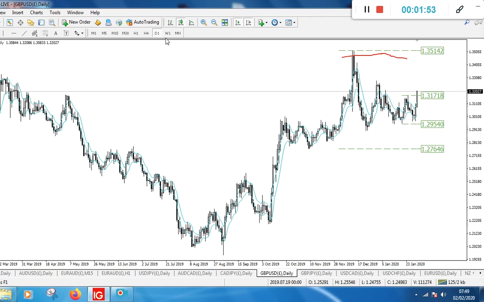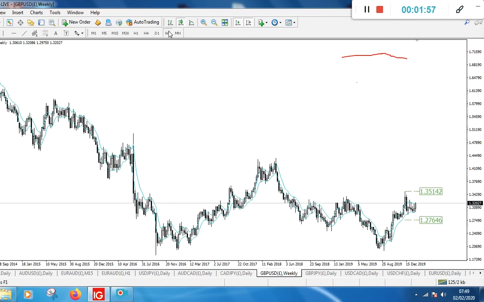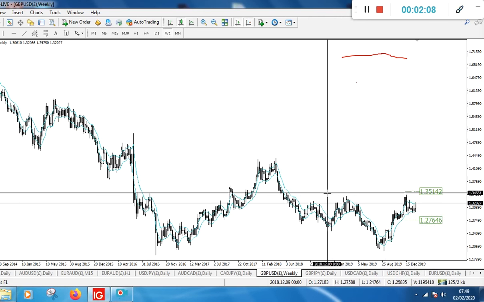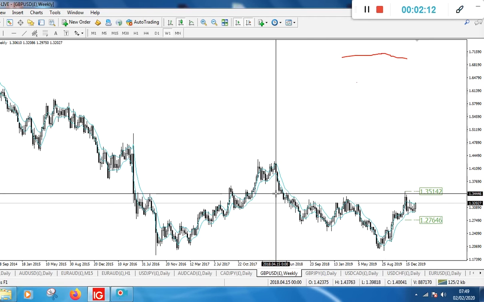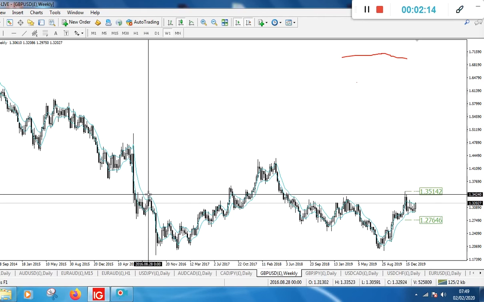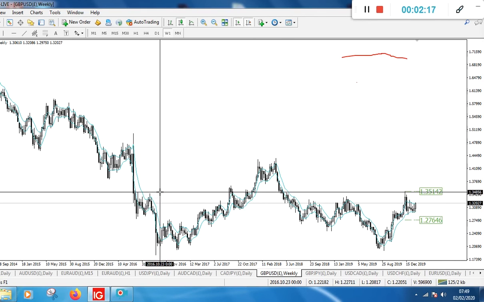So let's go to the weekly charts. Okay, on the weekly chart the trend is still going up. Obviously, it had this candle down, so that's more of a reaction. It took out this high, just marginally taken out this high, and then it had this big retracement.